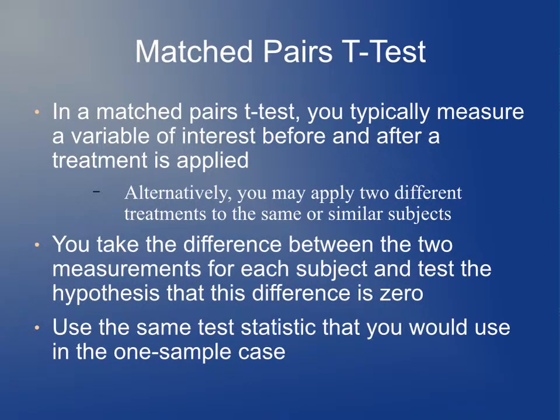It's exactly the same as the one sample t-test, only you're just testing the null hypothesis that these differences are equal to 0. The test statistic's the same.